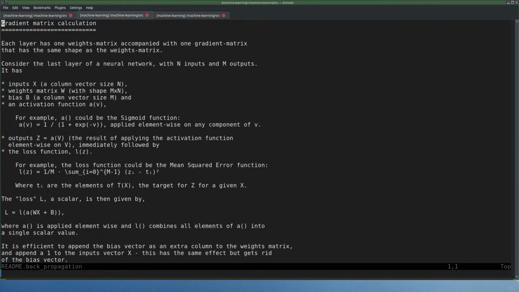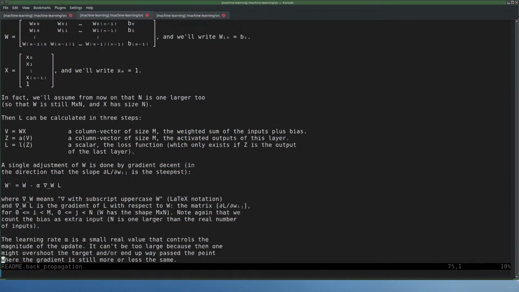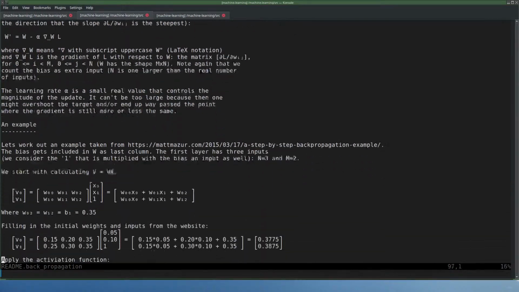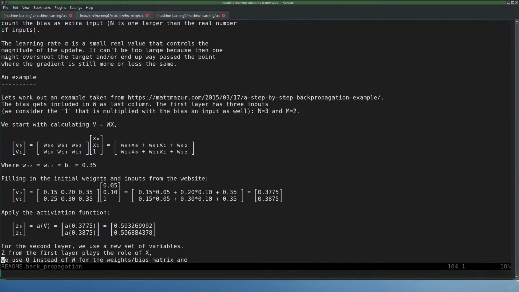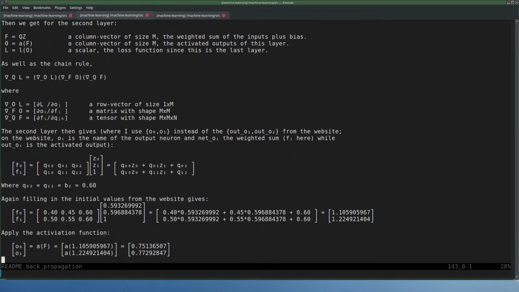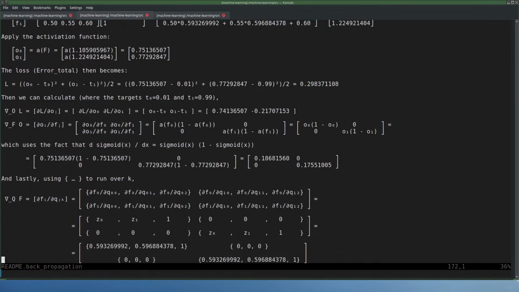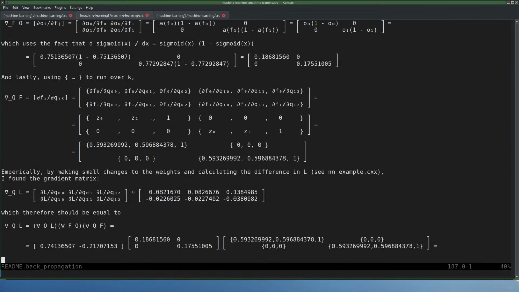This starts with, well, the real thing, so then you have three-dimensional stuff. This is definitely the file that you should start with. See if I can find a three-dimensional one. Yeah, here. The gradient of f with respect to q is a three-dimensional tensor.